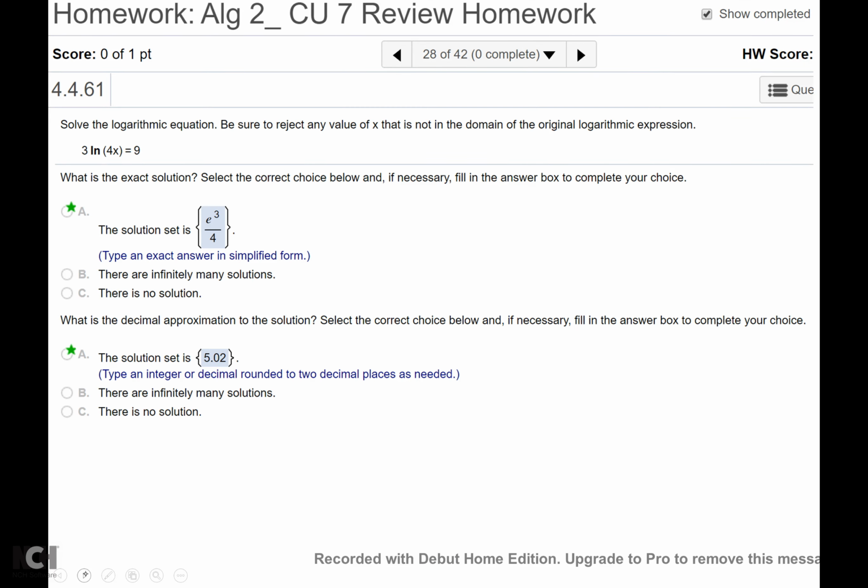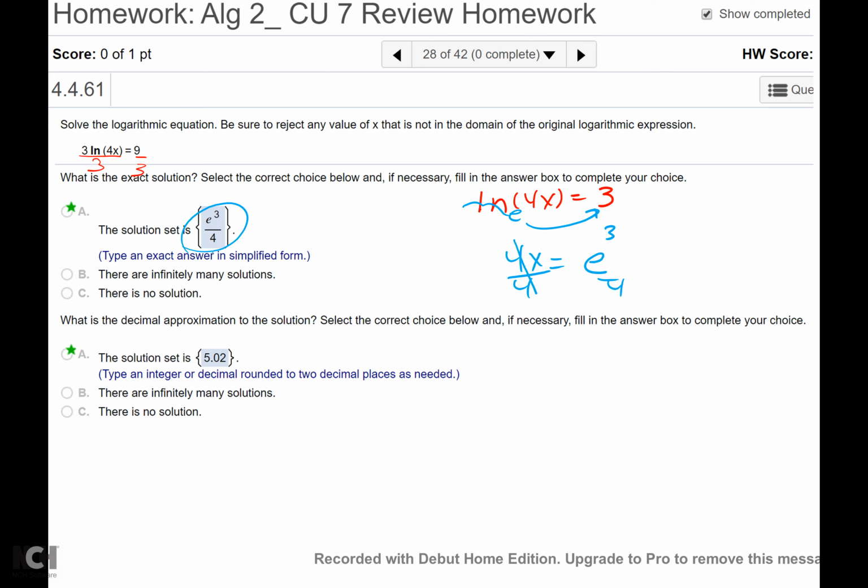Alright, solve the logarithmic equation. Be sure to reject any value of x that is not in the domain of the original logarithmic expression. Before I can roll the natural log, I've got to isolate it. So I'm going to divide by 3. That gives me ln of 4x equals 3. Now I can roll the natural log, which will move the base over. So I have 4x equals e to the third. To get x alone, I'm going to divide by 4, and x equals e to the third divided by 4.